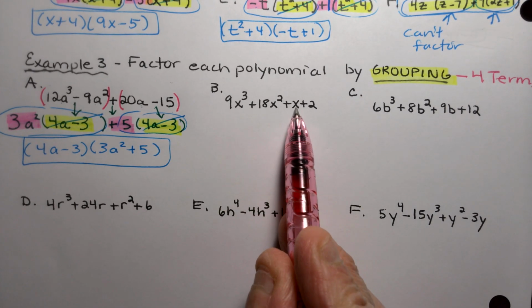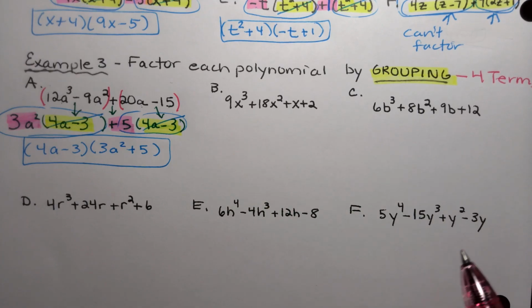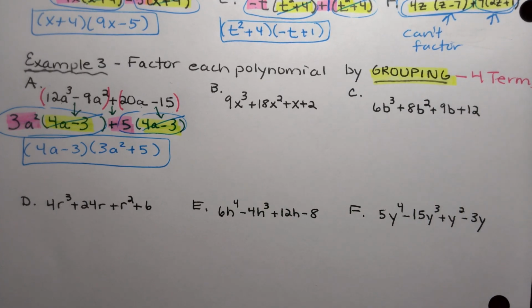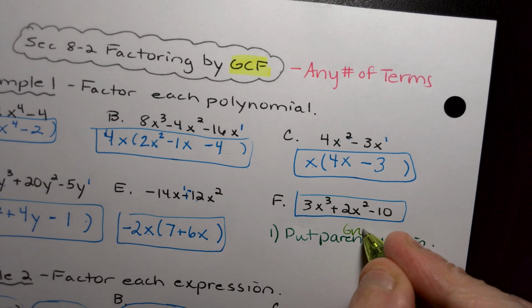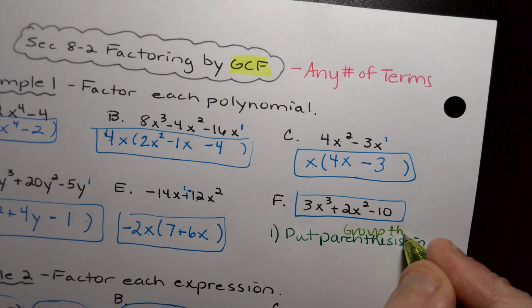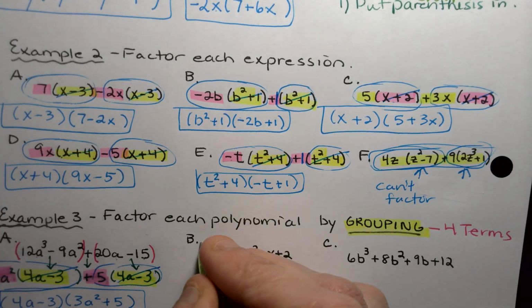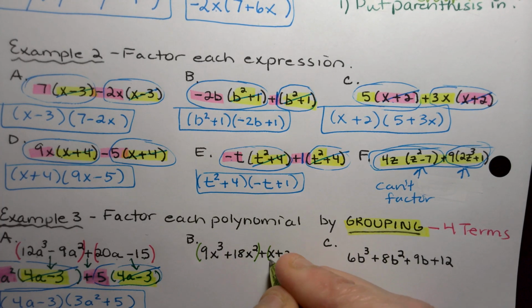1, 2, 3, 4 terms. Perfect time to try grouping. So, group them. That's why we call it grouping. We're going to put the parentheses in. We're going to group them. First 2, second 2.